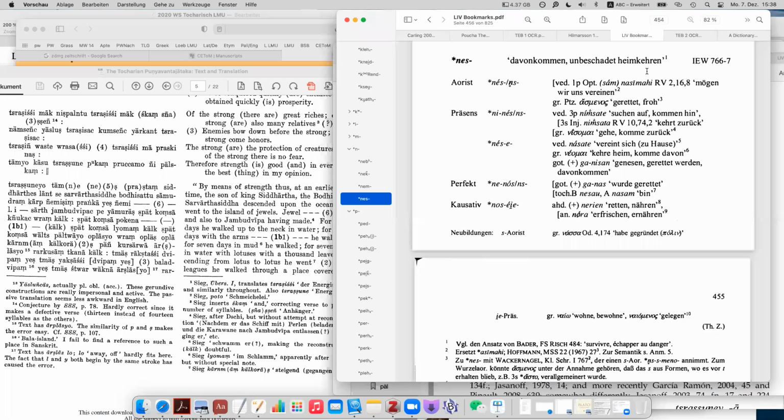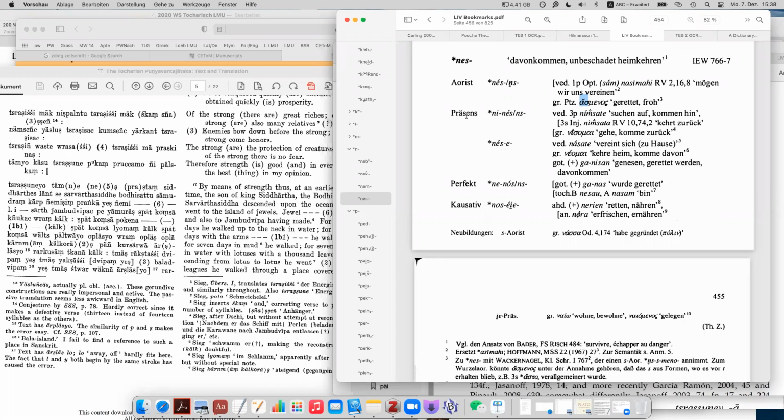And it is attested in Vedic, where we have Nasimahi, and also in Greek we have Asmenos. So this is a middle participle in Greek. That's why we use zero grade. Uns turns into us in Greek.